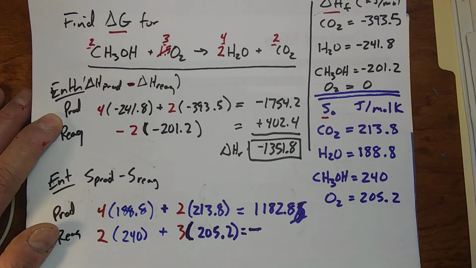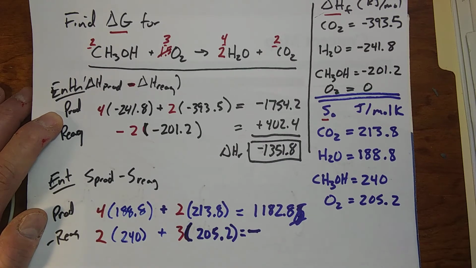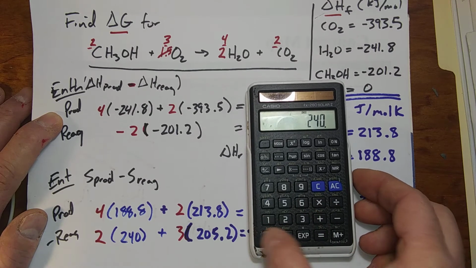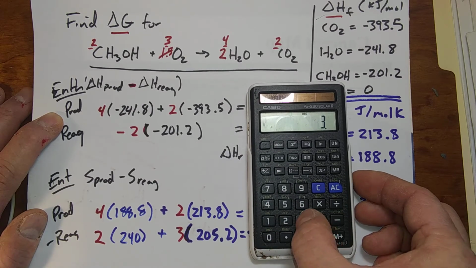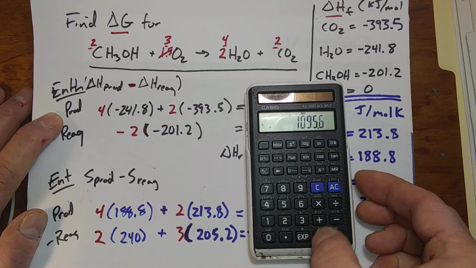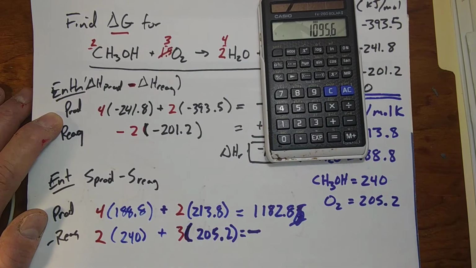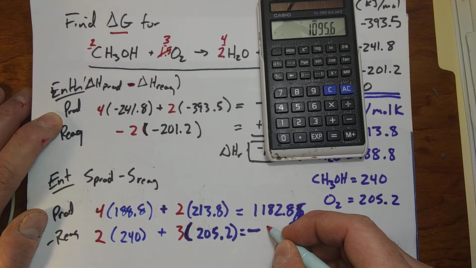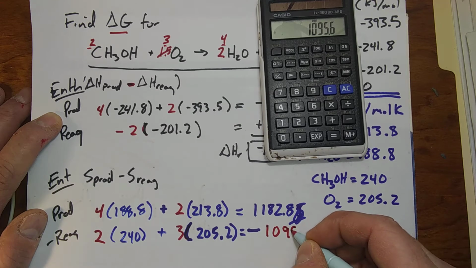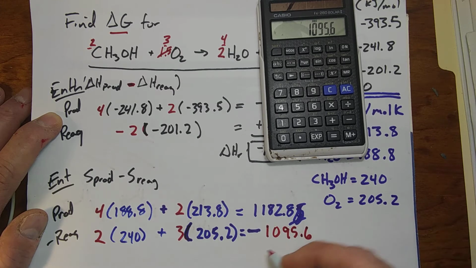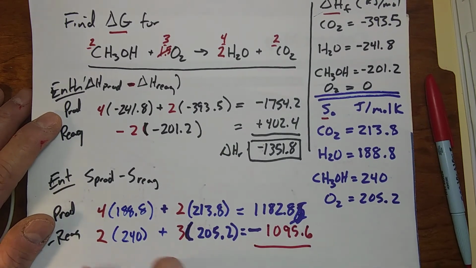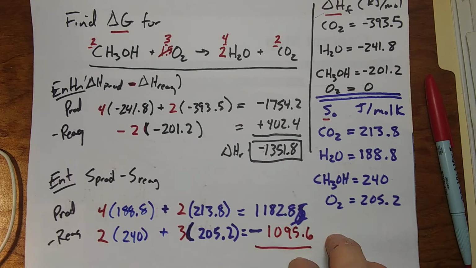So we're going to have a negative because this all has to be subtracted from the product. So we're getting, I'll leave it in red here, minus 1,095.6. So I'm going to write that over here so it leaves me this space here to do the final calculation for delta G.